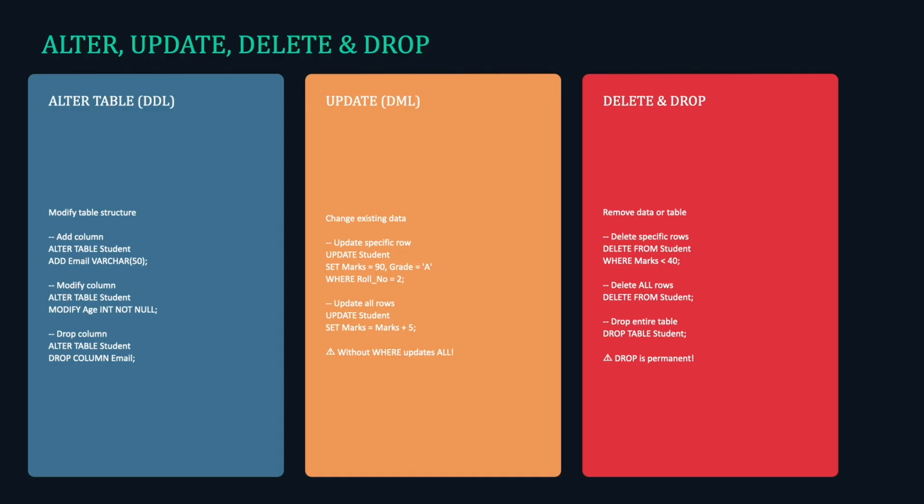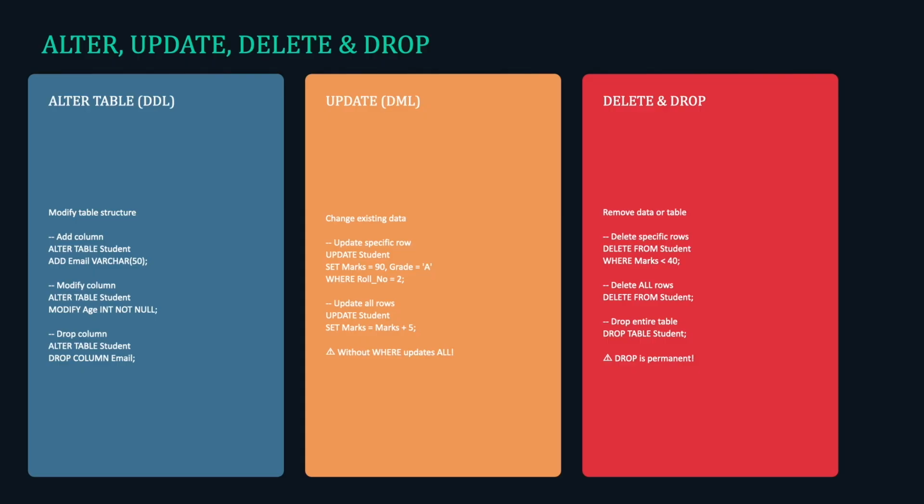Alter table changes table structure. Add a new column, modify a column data type, or drop a column entirely. Update changes existing data. Always use where to specify which rows, otherwise all rows get updated.